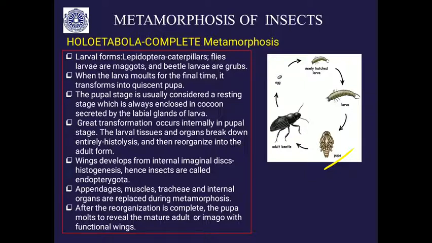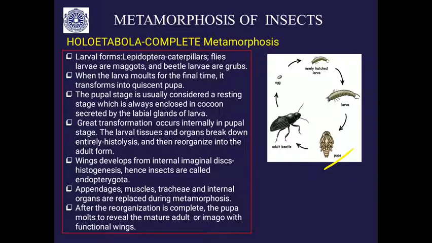A great transformation occurs internally in the pupal stage. The larval tissue will disappear and the adult wing stage will appear. The entire larval structures undergo histolysis, degradation, and then reorganize into the adult form.